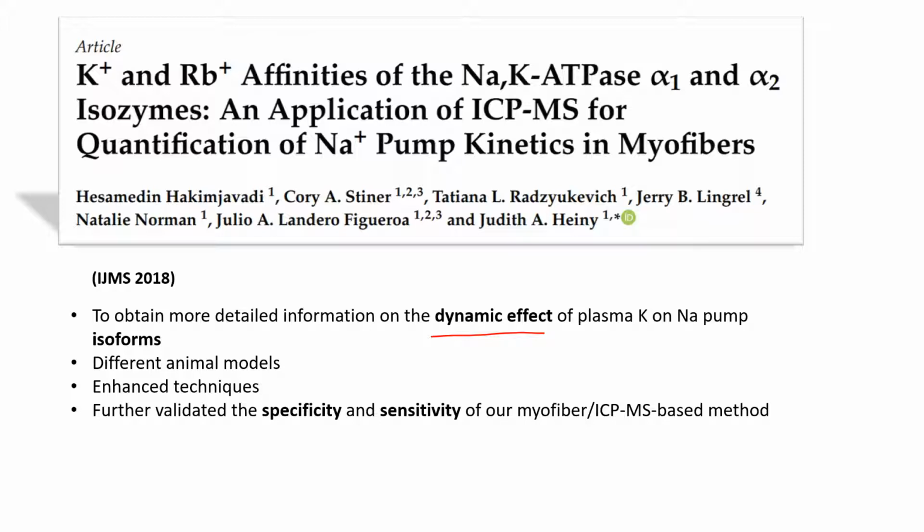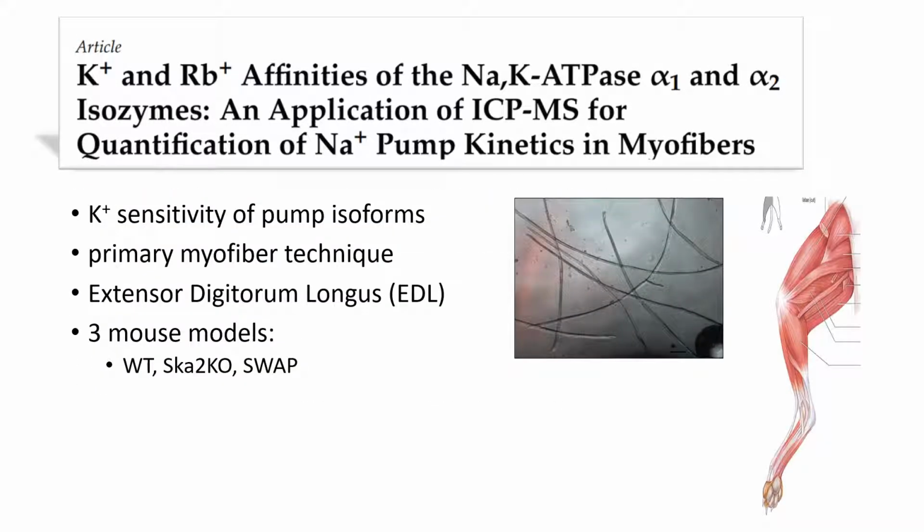In this research, we used different animal models, we enhanced our technique, and we further validated the specificity and sensitivity of our myofiber ICP-MS based method. To measure potassium sensitivity of pump isoforms, here we use the myofiber technique that I developed.